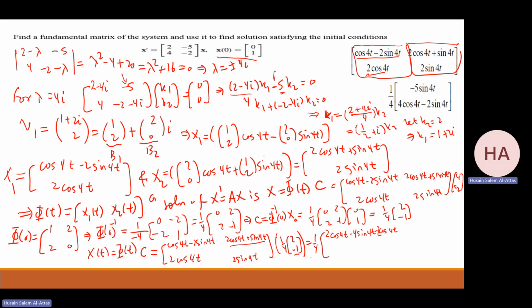This times this minus sine 40. What we have there? We have 4 cosine 40 minus 2 sine 40.